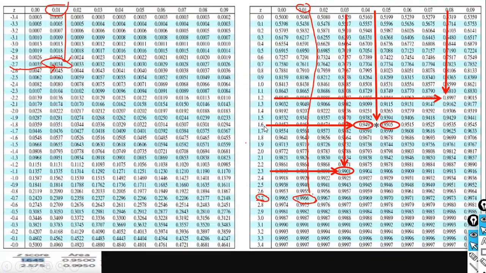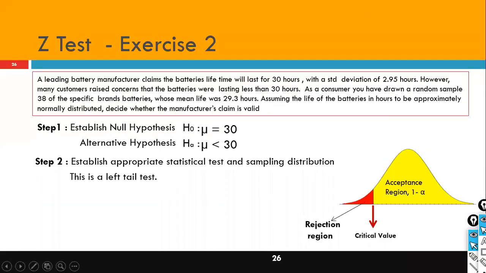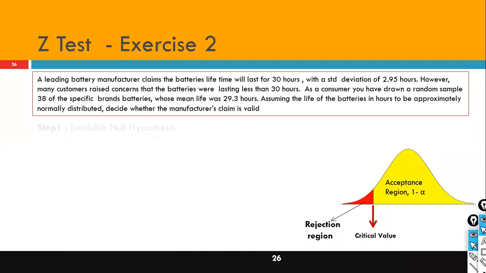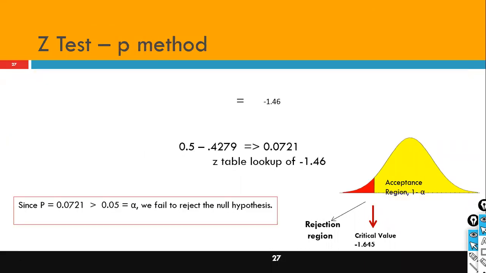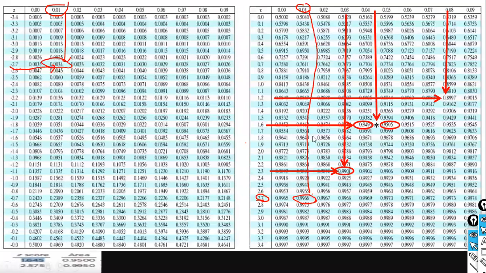So if you add 1.6 plus 0.04, you will get 1.645. You need to see it horizontally and vertically, where it intersects. Obviously the 0.95 should be somewhere between these two values. The star marks it here.